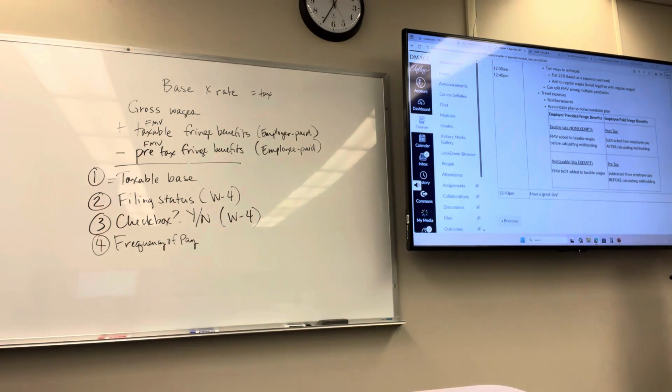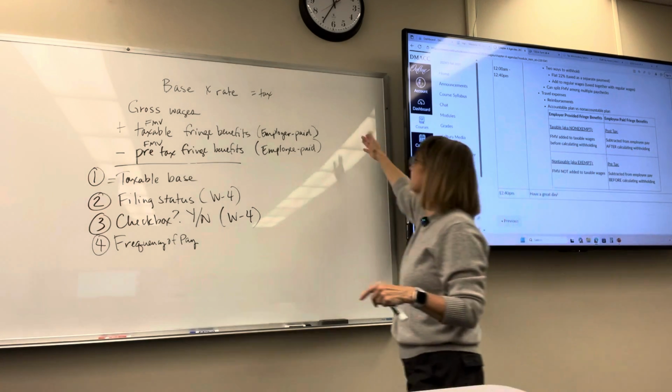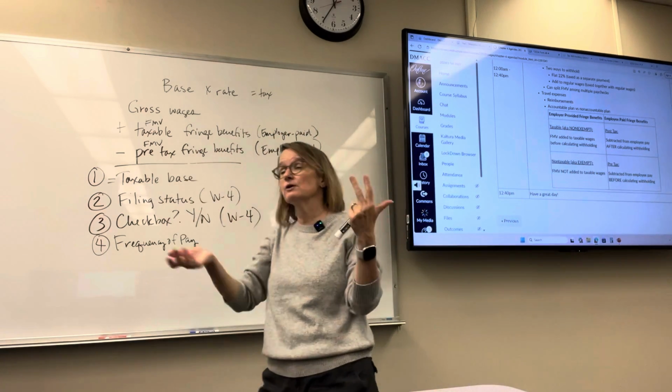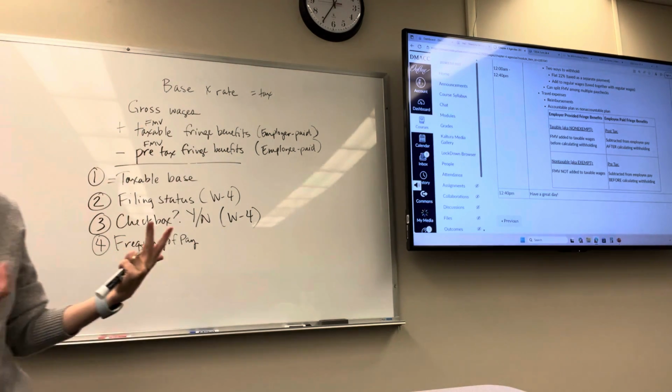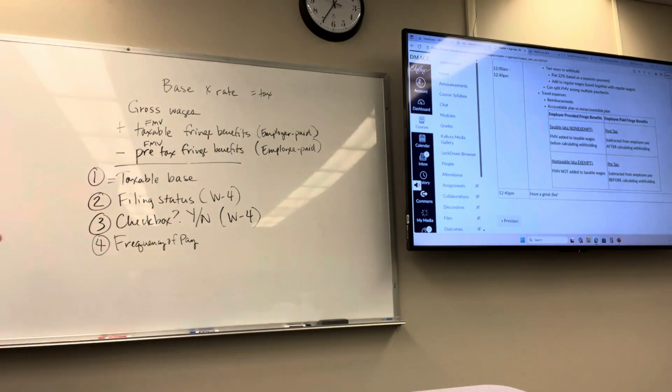The taxable employer-provided fringe benefits, so up here in this quadrant, and then we're going to subtract any pre-tax employee-paid fringe benefits. So again, the examples of those, like I said, the gym membership that the employer paid for, if it's off premises, would be an example.